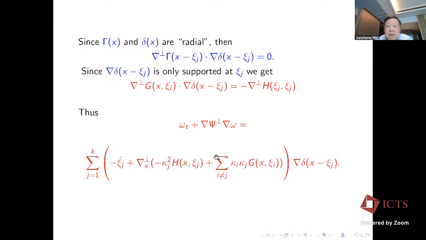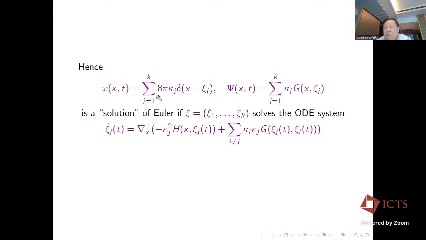So this is a formal derivation. If we have a Dirac measure, then formally the location trajectory will solve the following Hamiltonian system.